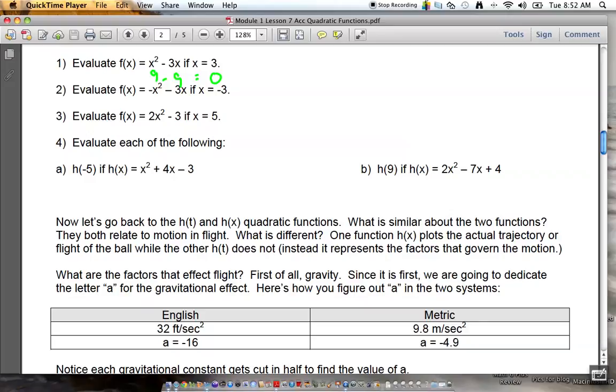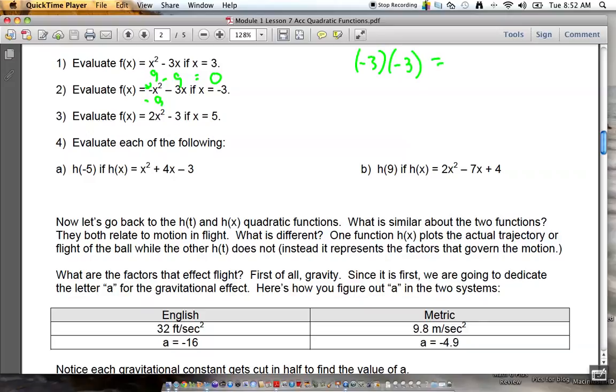I'm going to plug in a negative 3. Now this means to square it, then negate it. So let's go one step at a time. What is negative 3 squared, which means negative 3 times negative 3? Positive 9. Then I need to negate it and get what? Negative 9. We said first we got to square negative 3, which means squaring something is multiplying it by itself.